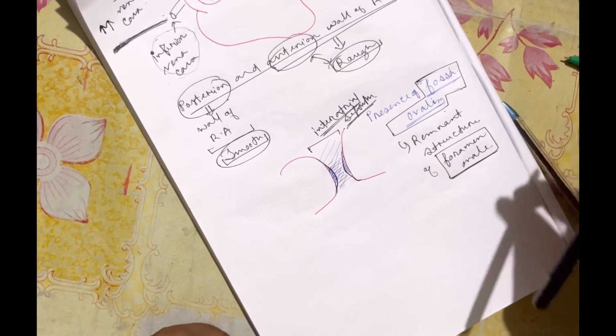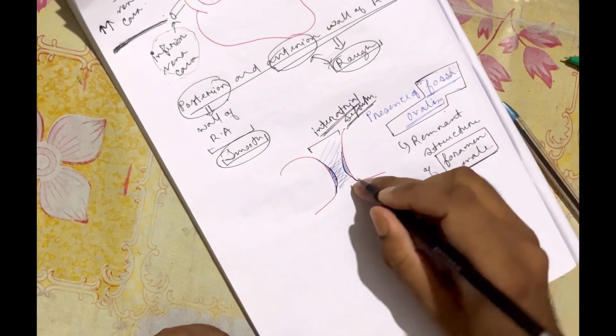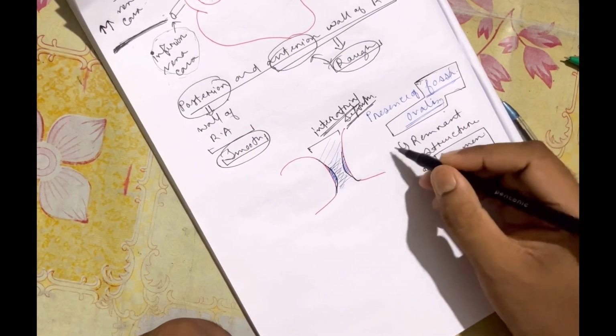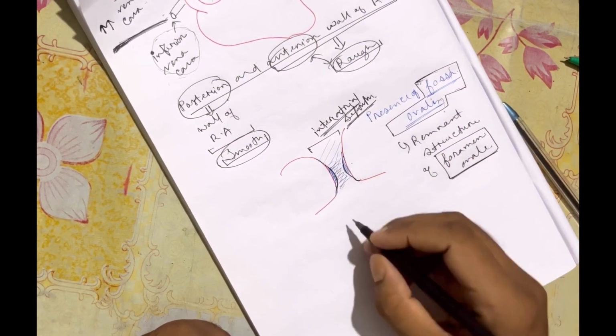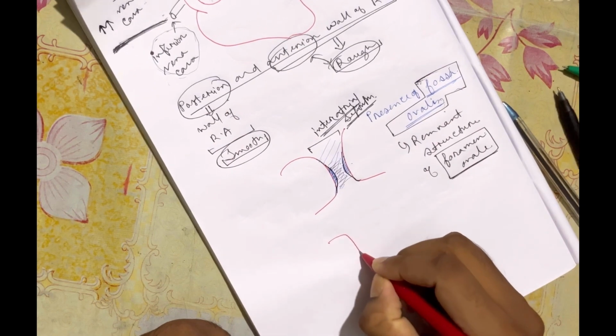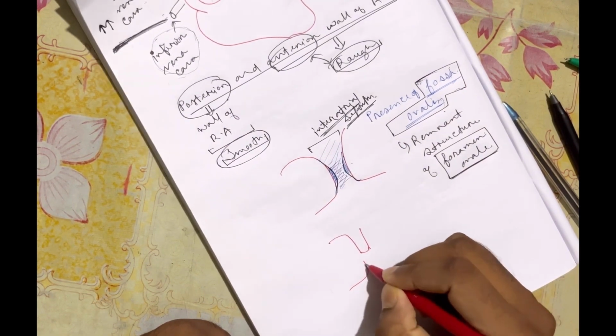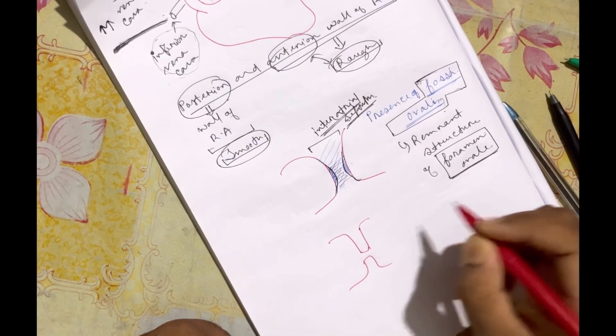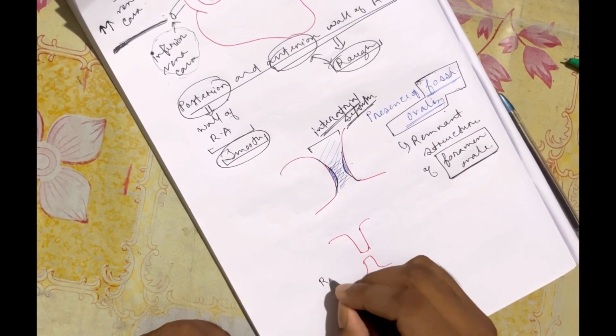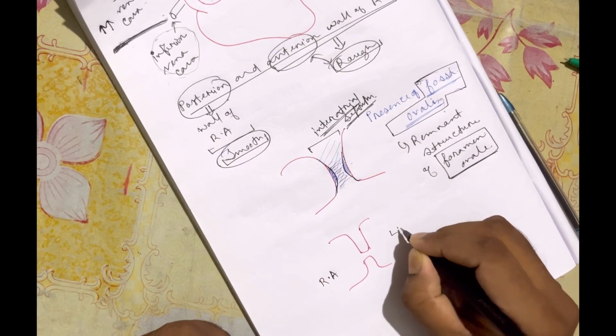Now, when we are in the mother's womb, there is a hole between both the atria. This is the right atrium and this is the left atrium.